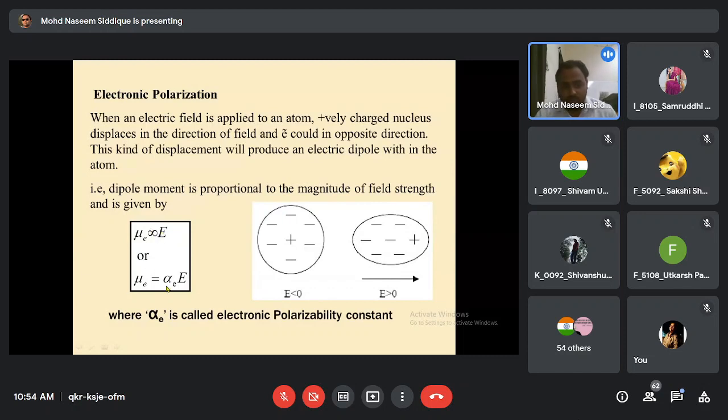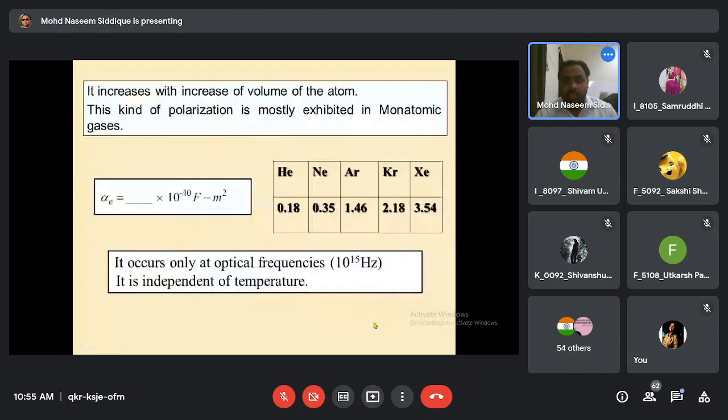So mu is equal to alpha E. What is alpha E? Alpha E is the electronic polarizability constant. Is it clear? It increases with increasing volume of the atom. I will discuss why the electronic polarizability increases with volume in the next slide.